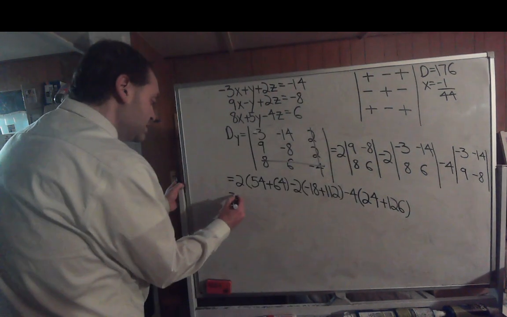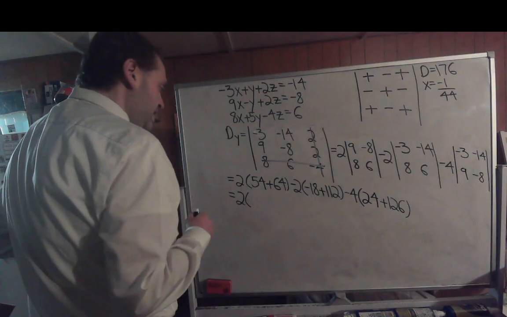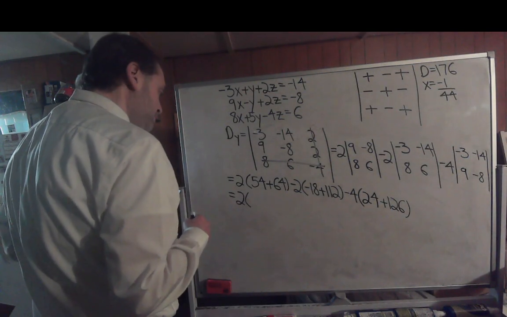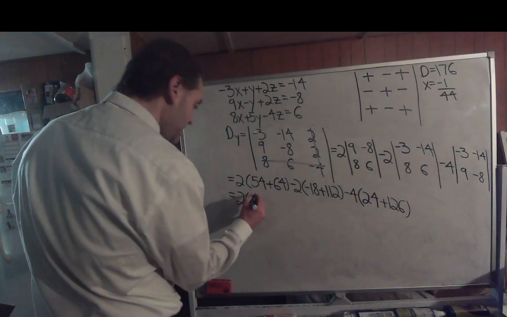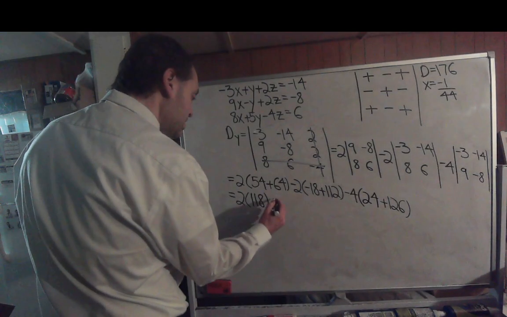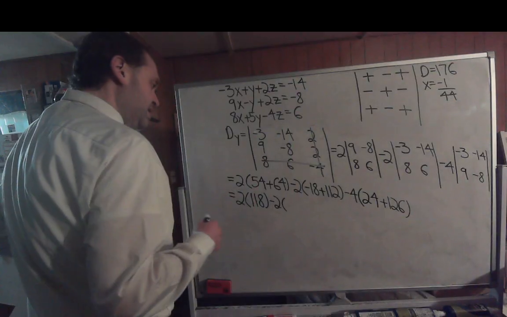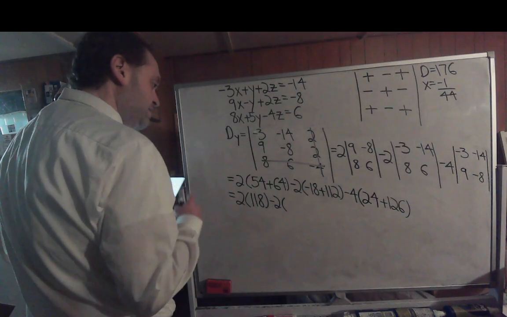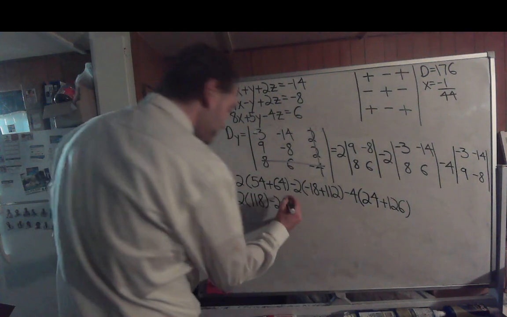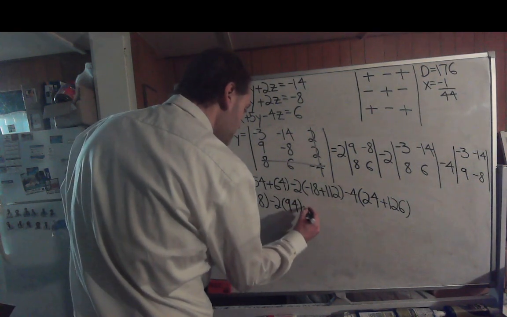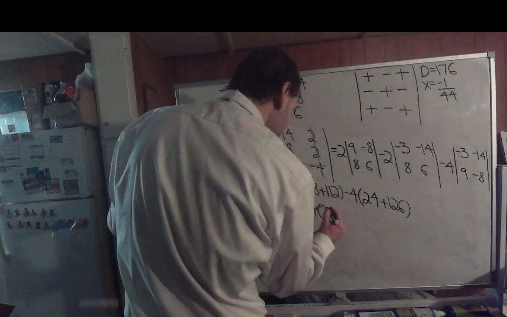All right. Let's work in the parentheses. 2 times, should be 118, but let me just double check that here. Yep, so we'll have 2 times 118, minus 2 times, so this should be 94, negative 18 plus 112. Yep, 94. Then you have minus 4 times 24 plus 126, that's going to be 150.